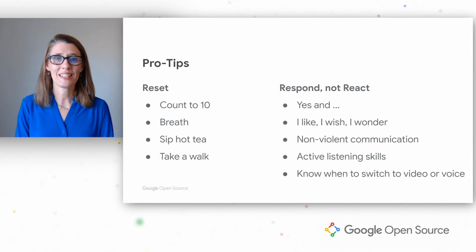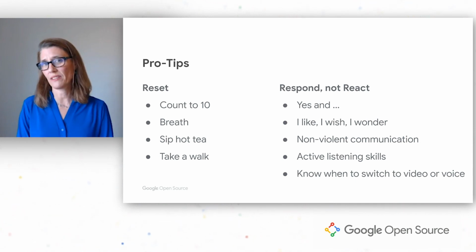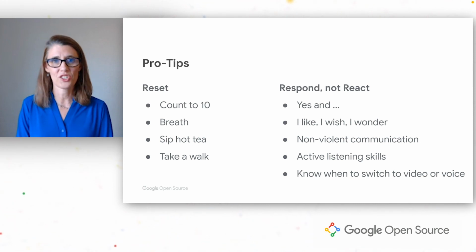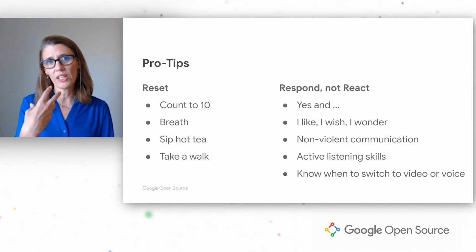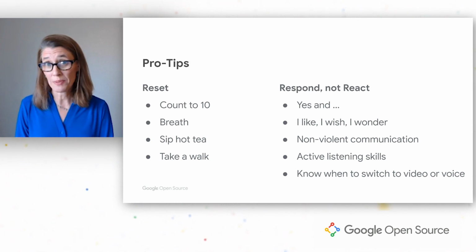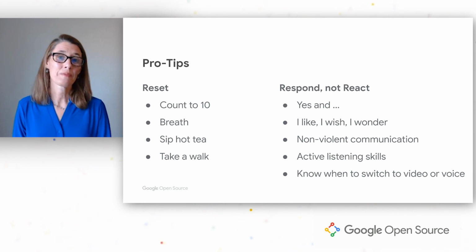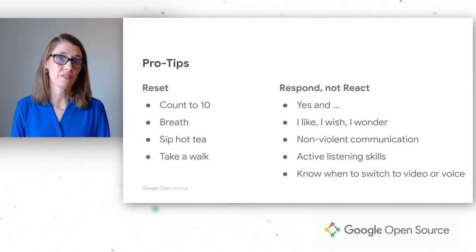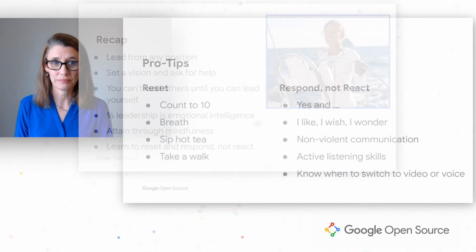And then lastly, when your interactions are going a little south, just ask the person to hop on a video call instead. It's just so much more productive. And at least the video helps with the body language. So these are some pro tips that you can use for leading yourself through really productive interactions in open source.